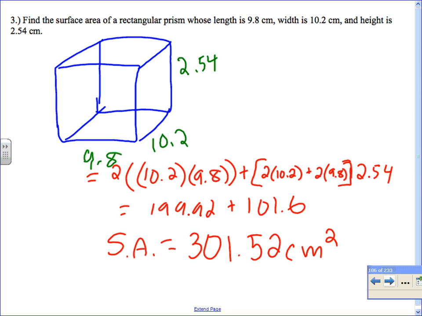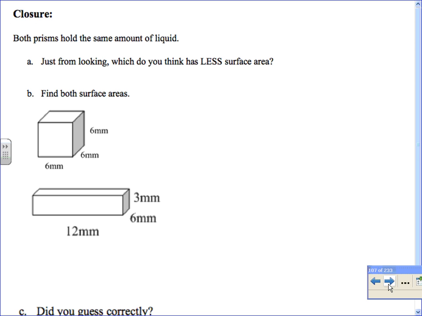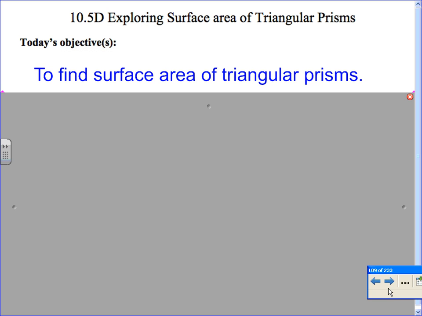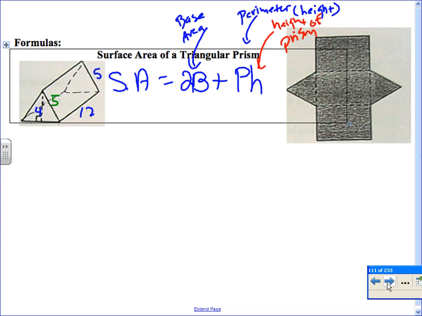All right, let me show you one triangular prism. You guys are good at the rectangular one, so hear me, okay? Okay, so triangular prism, I'm going to go right to the formula. Same formula for a triangular prism. This is why I like the formula. 2B plus pH. B, again, is the area of the base.